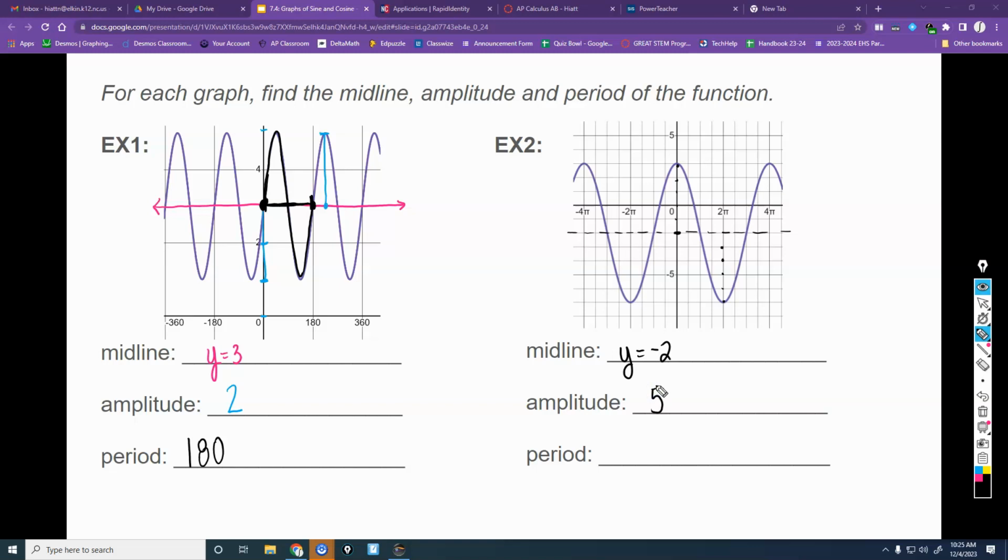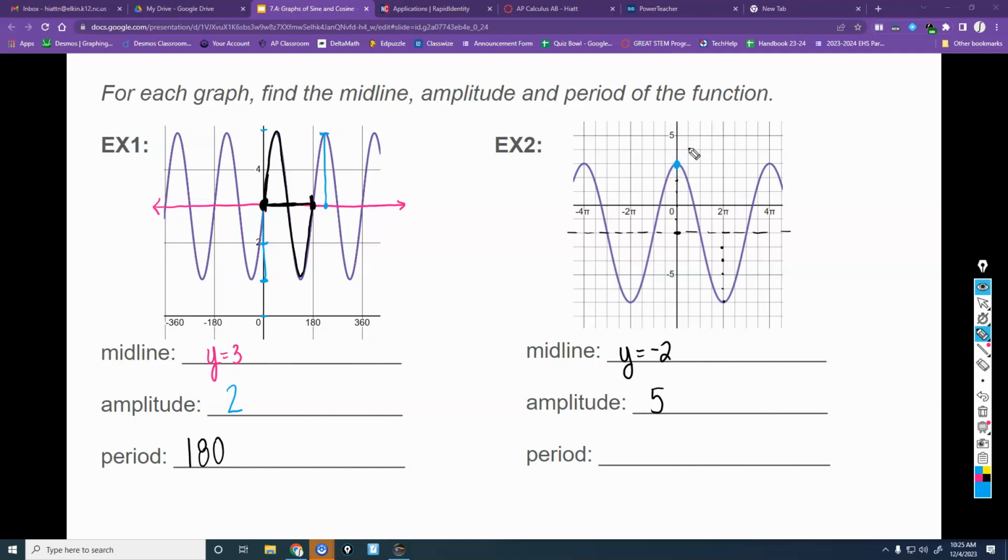Okay. All right. Who thinks they might know what the period of this graph is? What do you think, Andrea? It's not 3 pi. It's close, but it is going to be 4 pi, because on this graph, it helps if you always start right at the y-axis.